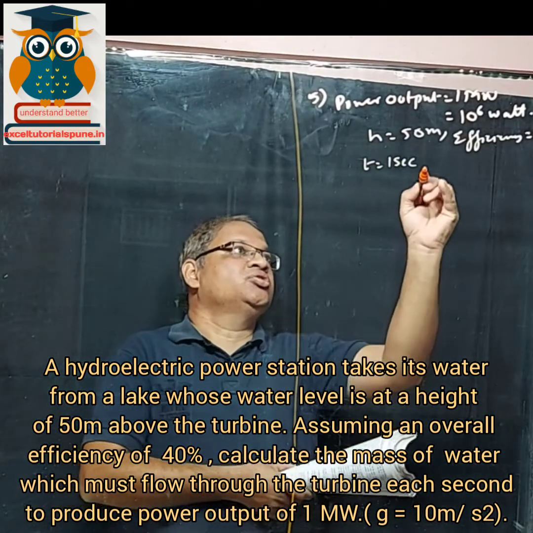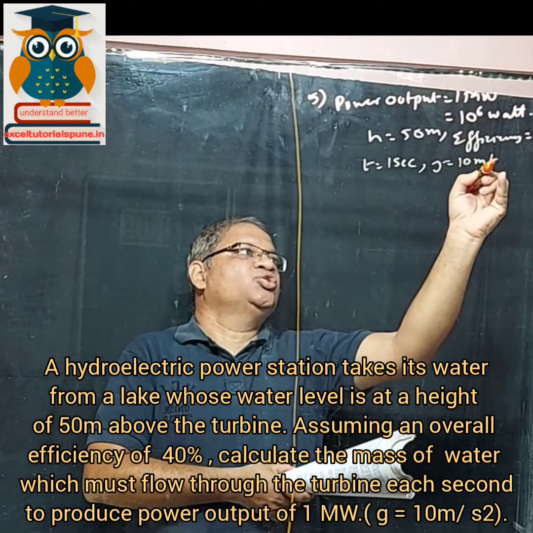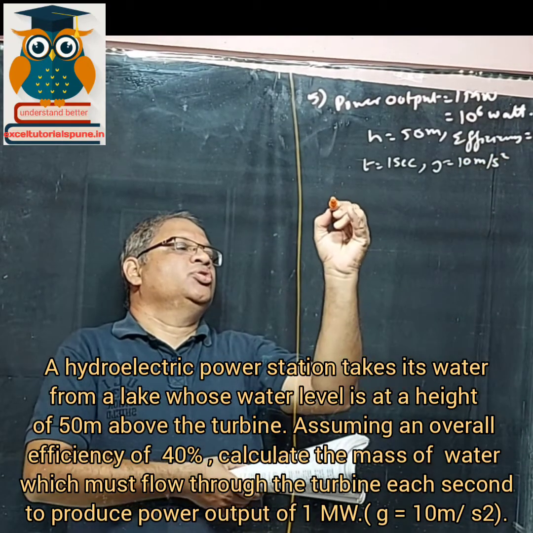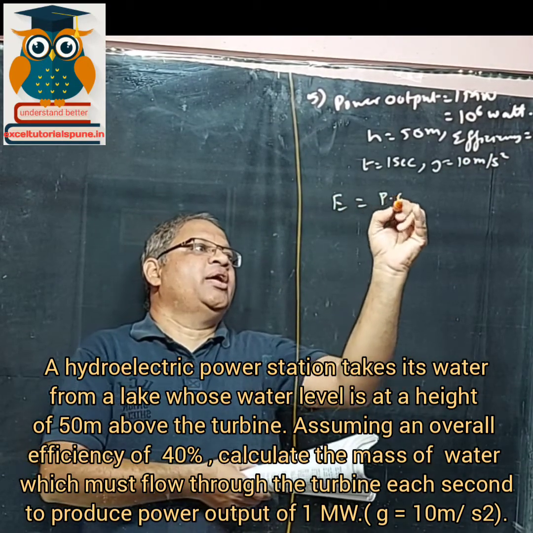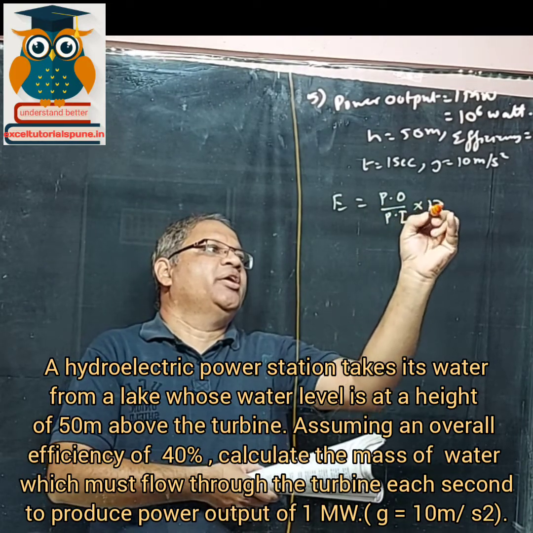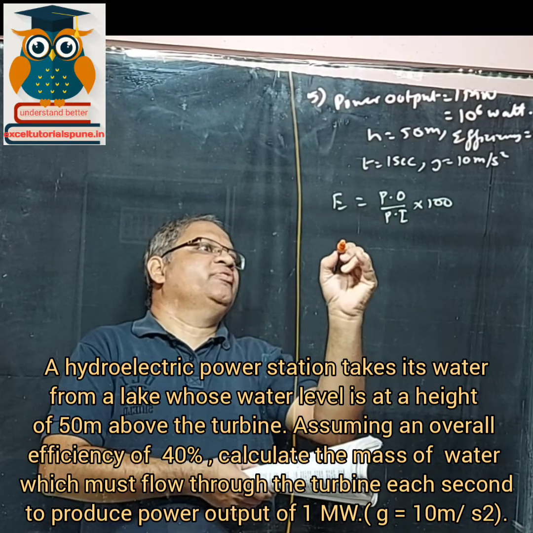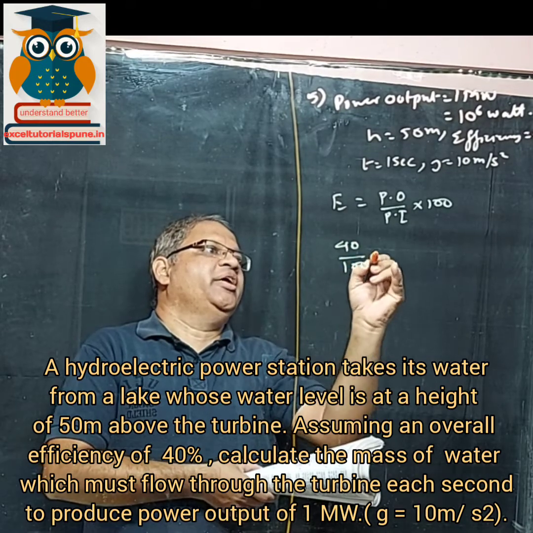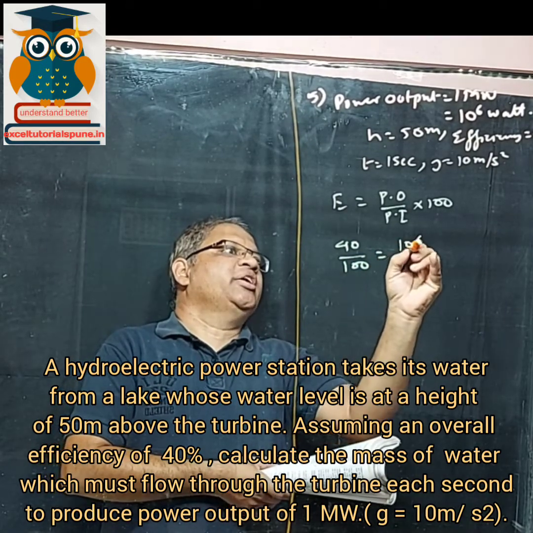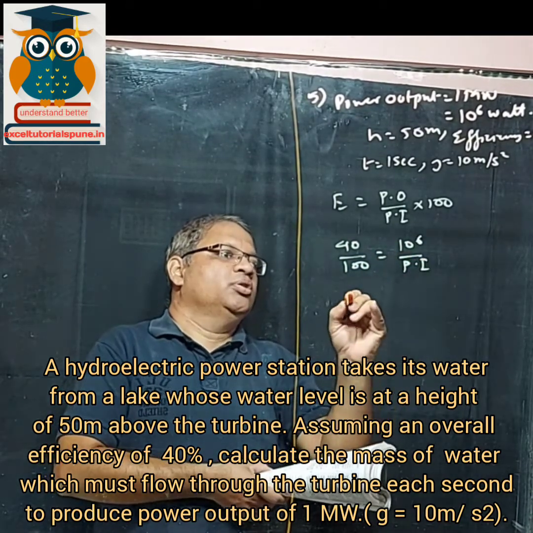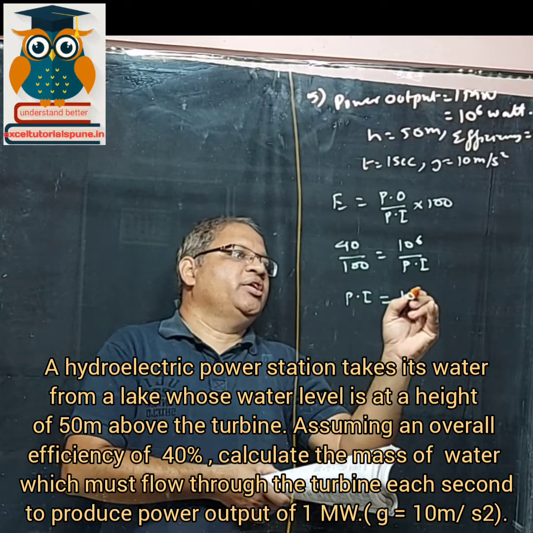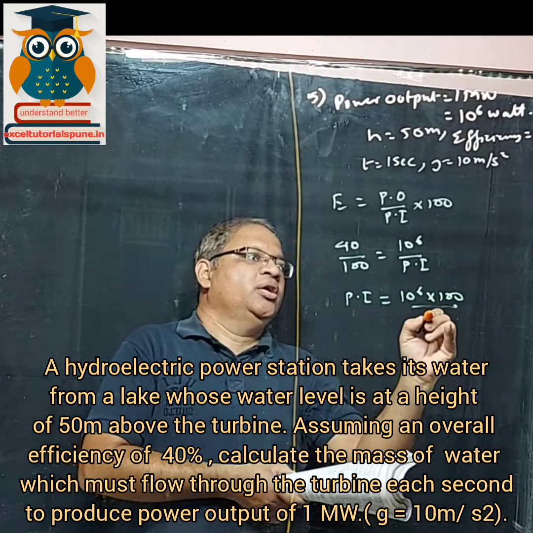Gravity is also given, 10 meter per second square. So efficiency is equal to power output upon power input into 100. Efficiency they have given 40%. So 40 upon 100 is equal to power output, 10 raised to 6, upon power input. So power input will be 10 raised to 6 into 100 upon 40.